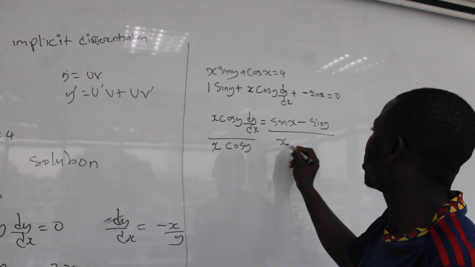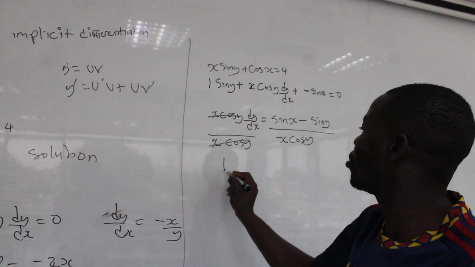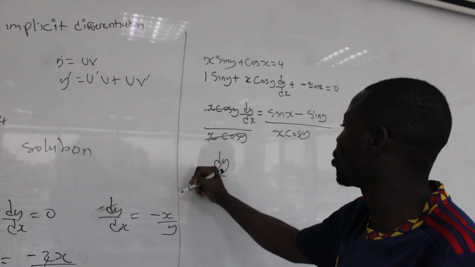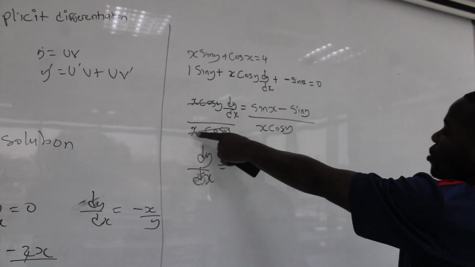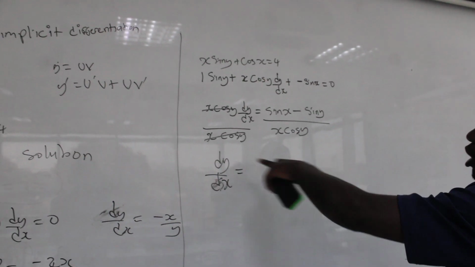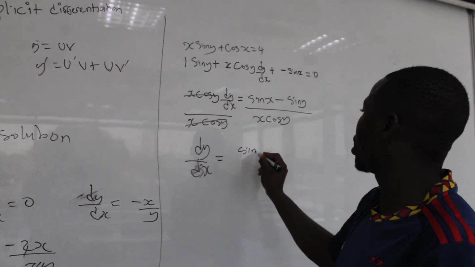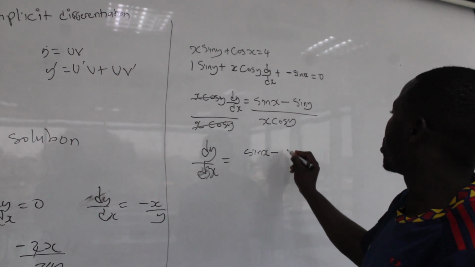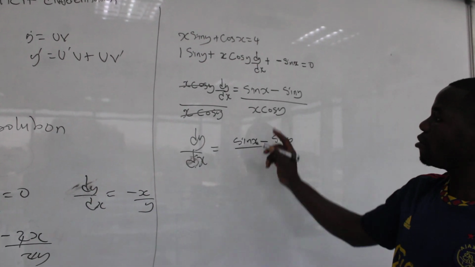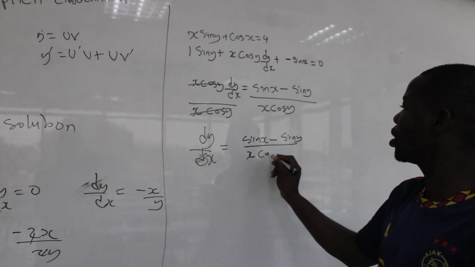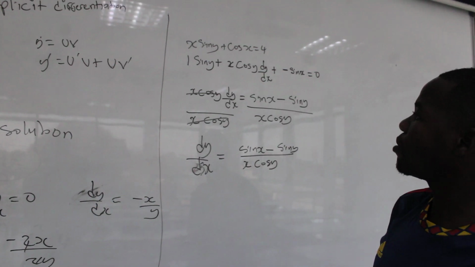So this will cancel, and we're going to have dy/dx is equal to sine x minus sine y, over x cos y. This is dy/dx of this function.